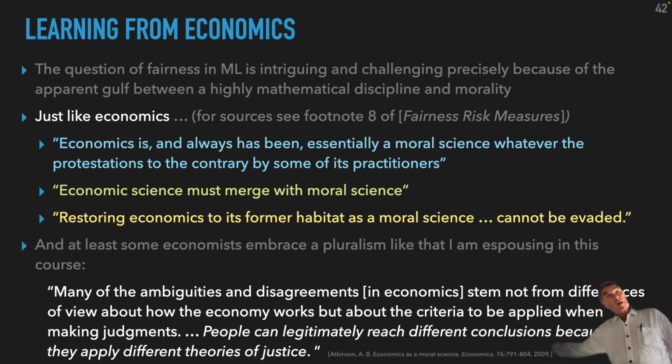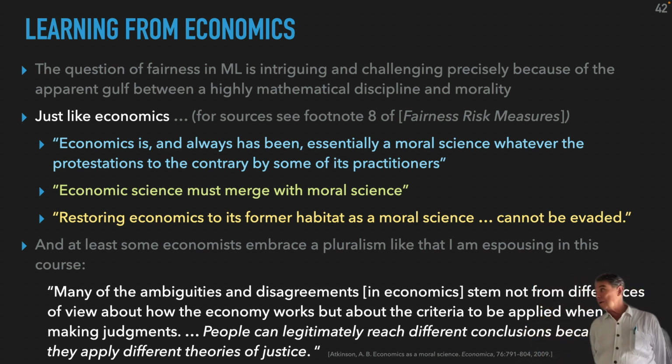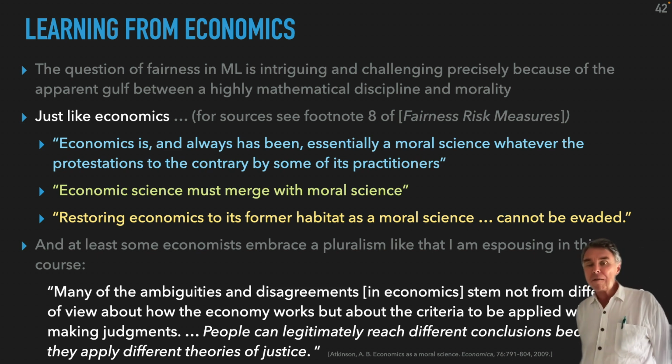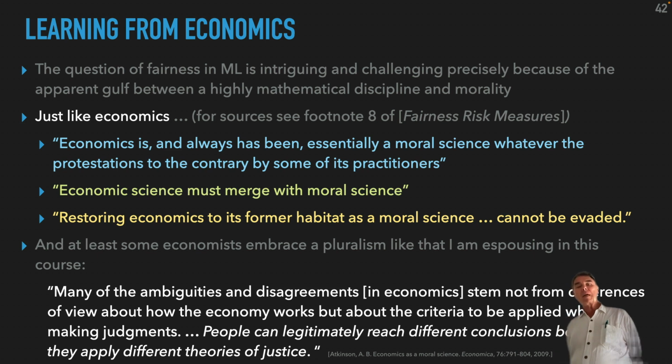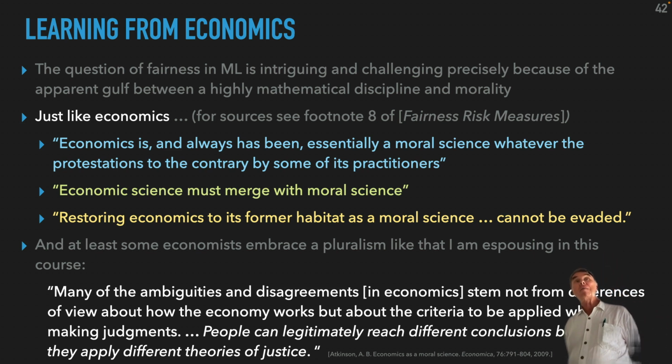The most interesting one I want to dwell on for a little bit is the following. This is by Anthony Atkinson, who did a lot of the fundamental work on measures of inequality. And let's look at this. Many of the ambiguities and disagreements in economics stem not from differences of view about how the economy works, but about the criteria to be applied when making judgments. People can legitimately reach different conclusions because they apply different theories of justice. That's what we're doing in this course, right?